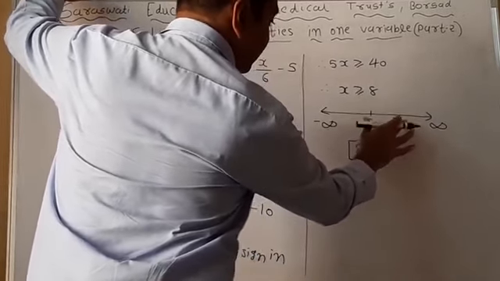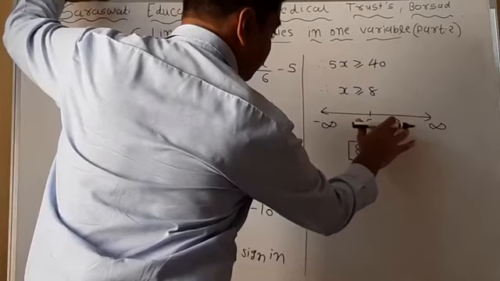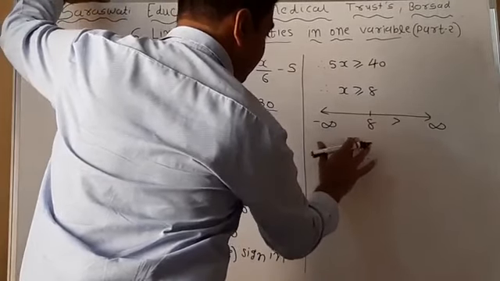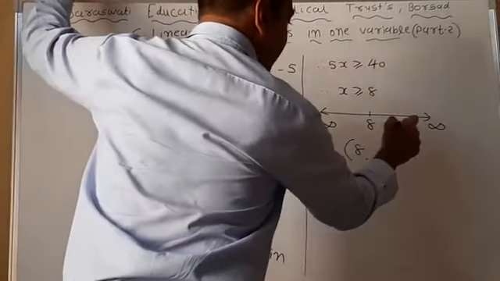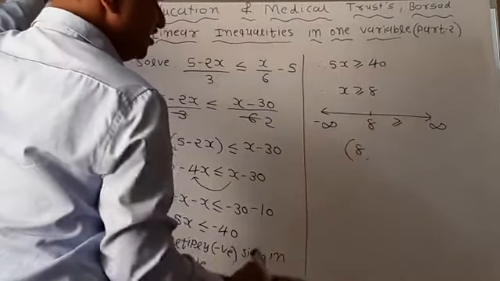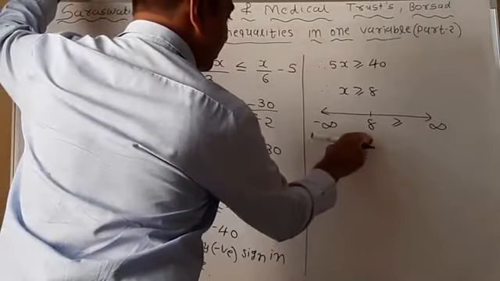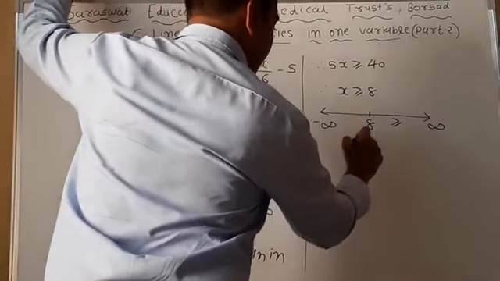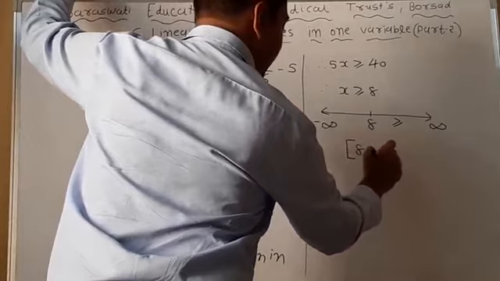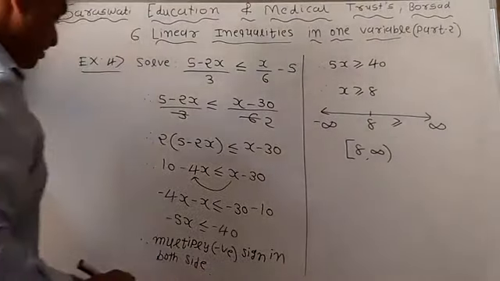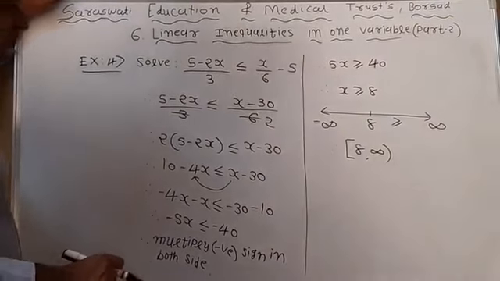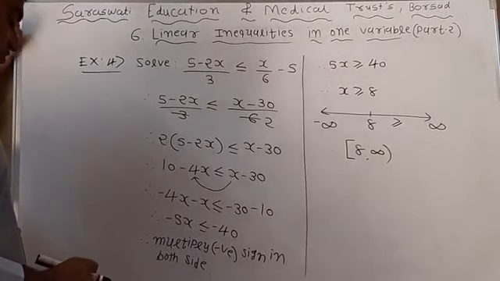Remember, for strictly greater form we write a small bracket, right? But here greater than or equal to form is present, so closed interval 8 to open infinity. So our final answer is closed interval 8 to infinity.